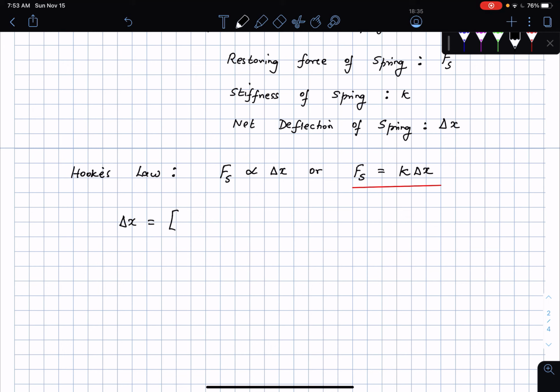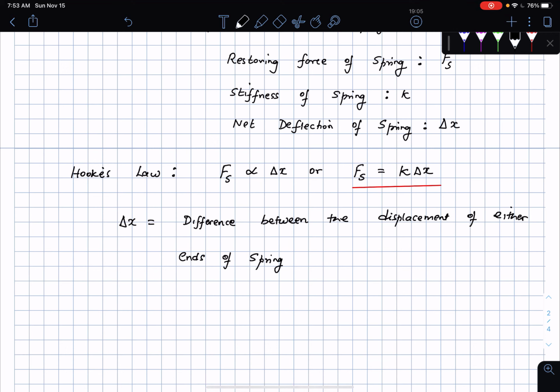So this is the difference between the displacement of either ends of the spring from what I'm going to call a static equilibrium position.